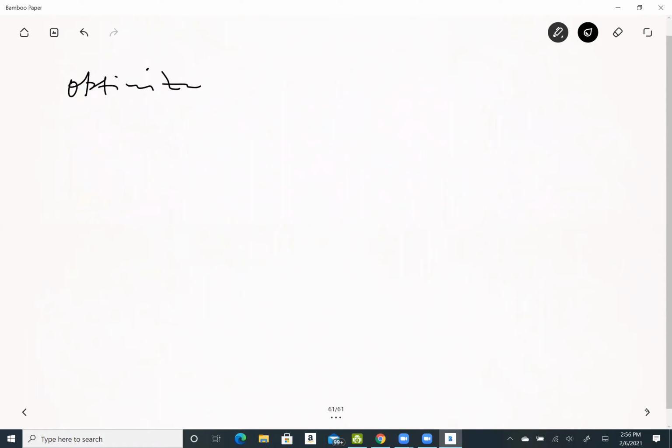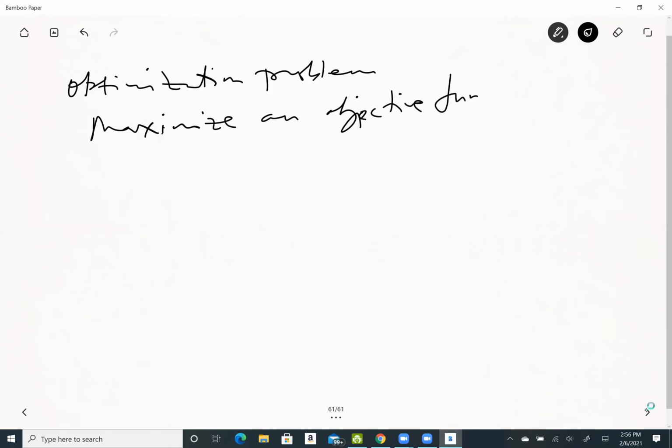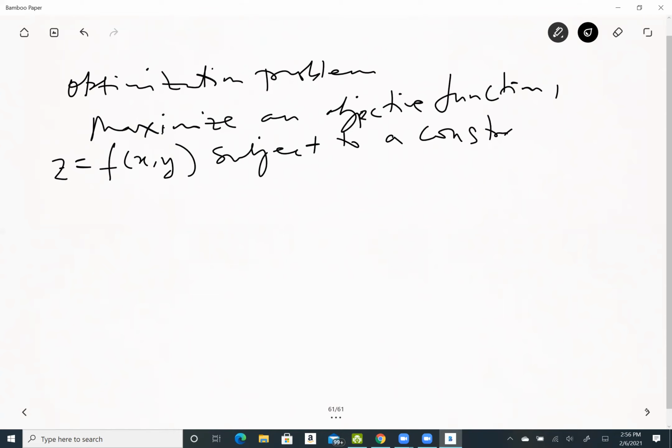You want to maximize an objective function, f of xy, subject to a constraint, g of xy equal k, where k is a constant.